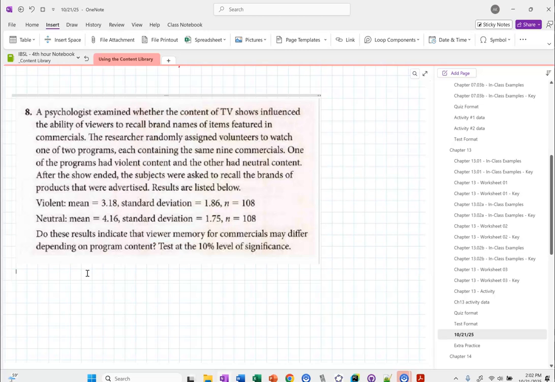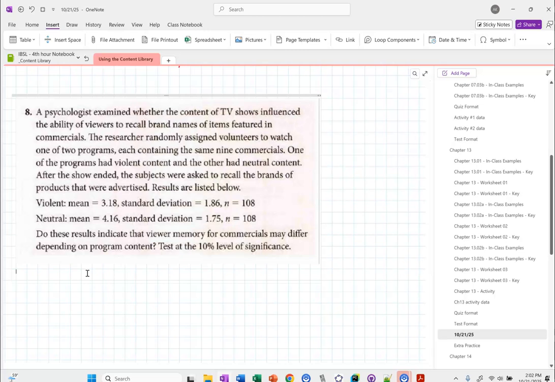A one sample t-test would be like, hey, I was making light bulbs this way, and now I'm making them this way. Is the new way better than the old way? That's a one sample. Here, we're testing one against the other.